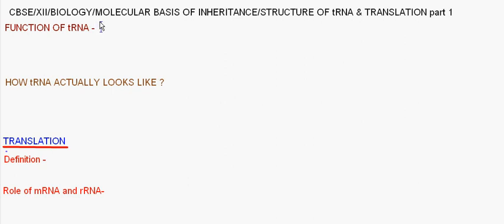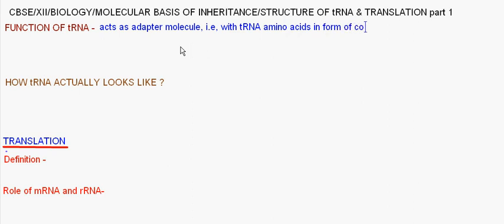Adapter molecule means that with tRNA, amino acids in the form of codon come and attach at the amino acid attachment site, that is the 3' OH end of tRNA.